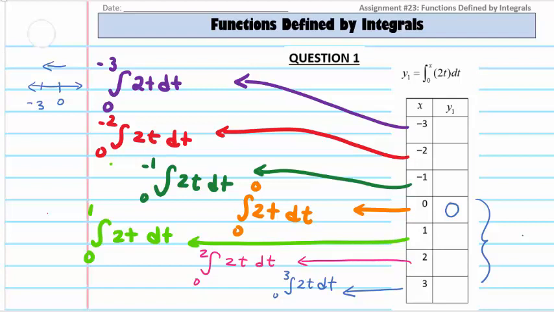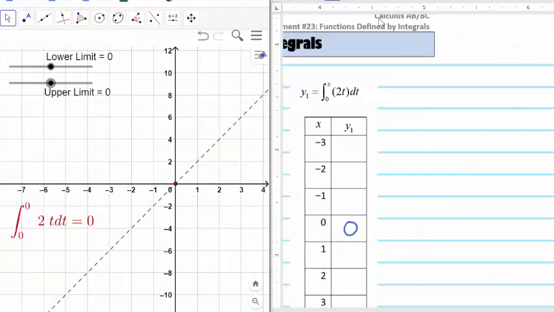So let's use our visualization to help us out. So here's our GeoGebra visualization. The area accumulated from 0 to 0 under the curve 2t dt is indeed a quantity of 0, which has been highlighted here in our table.